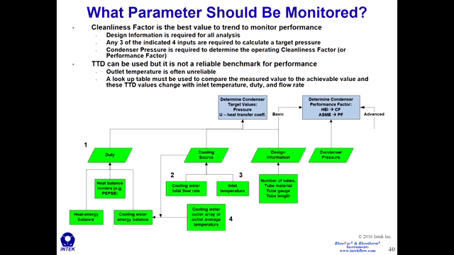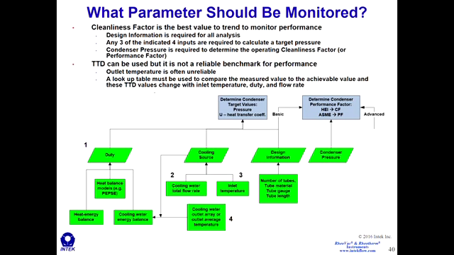Now, a lot of people refer to TTD. They use TTD, but it is not really a reliable benchmark for performance. And it's for 2 reasons. The outlet temperature is often unreliable, and we'll talk about that. And also a lookup table. You have to use a lookup table to compare the measured value to the achievable value.